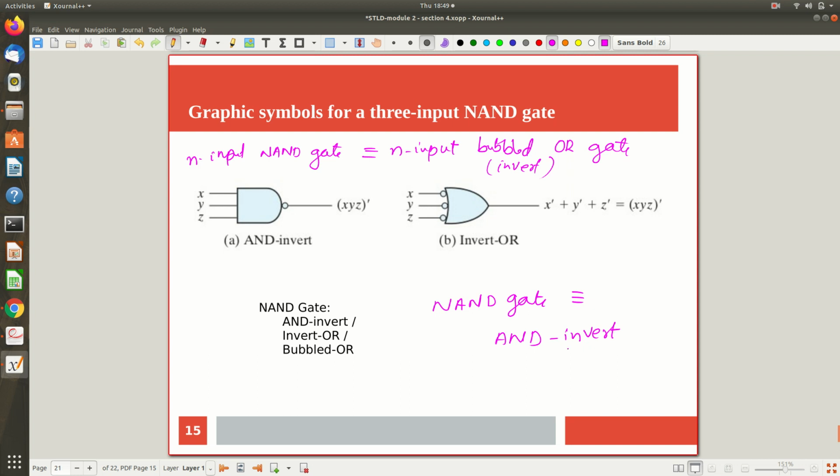That is further equivalent to this. Now this is further equivalent to using some set of inversions at the beginning, then OR, that is nothing but a bubbled OR. This bubbled OR is typically the usage.